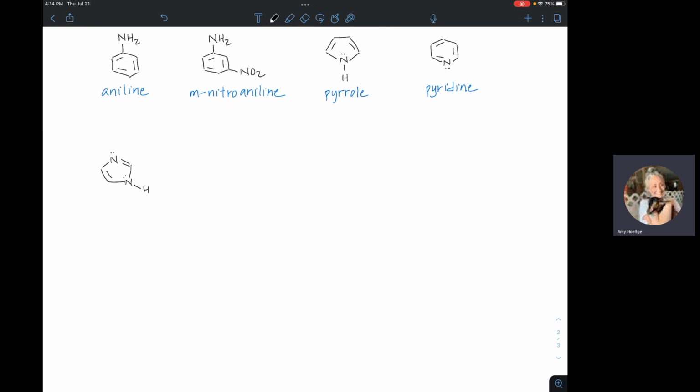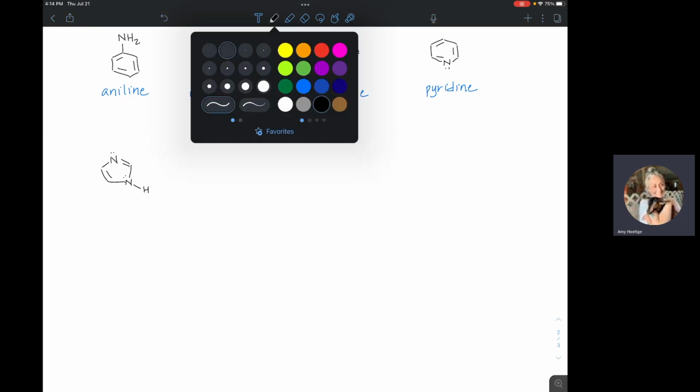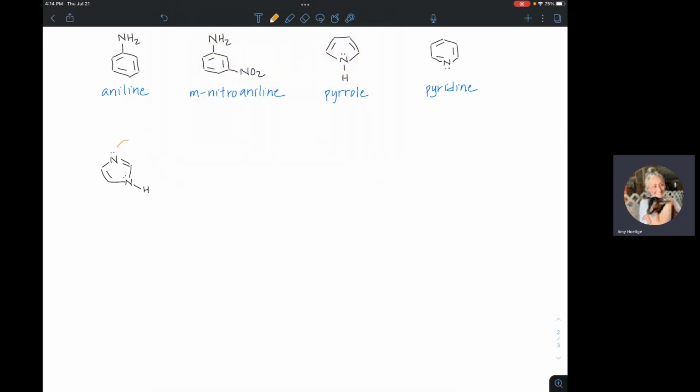The lone pair of electrons on the top, so this right here, just like pyridine, that lone pair of electrons is not part of your pi system. So these are.